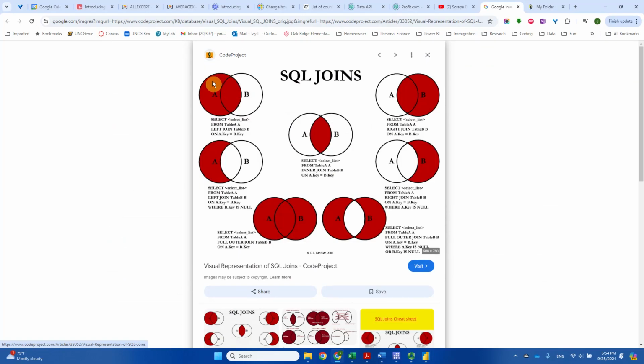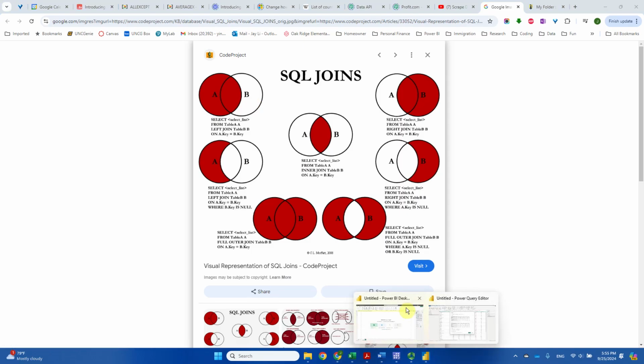Basically, all the countries contained in table A plus the matching countries from table B. The matching countries are basically those countries that are contained in both A and B. Okay, so this is the overlapping part between A and B. Those countries that are in table B but not contained in table A are not going to be in this merged table. Okay, for a left outer join.